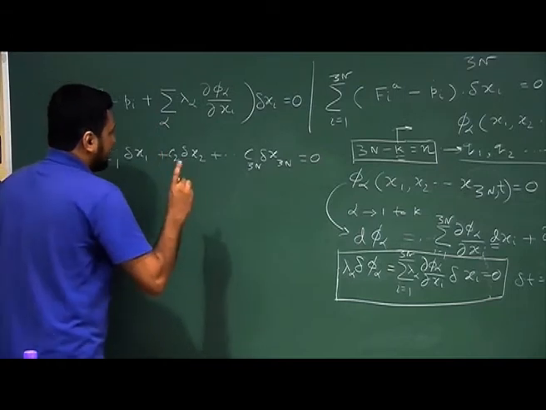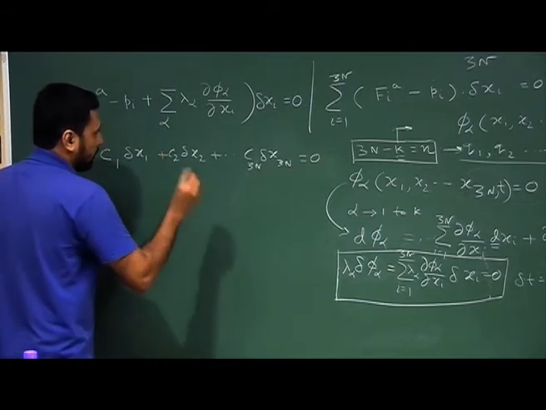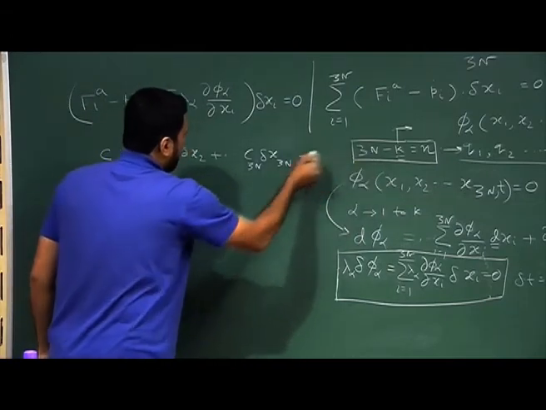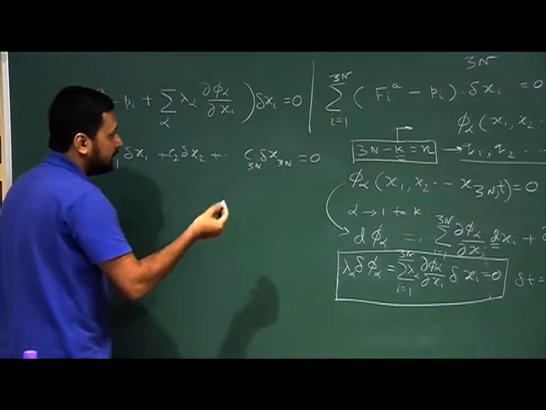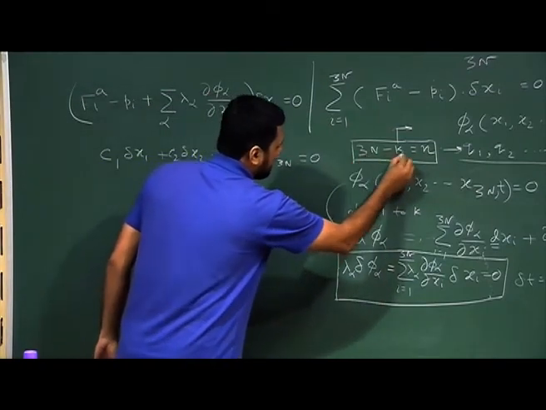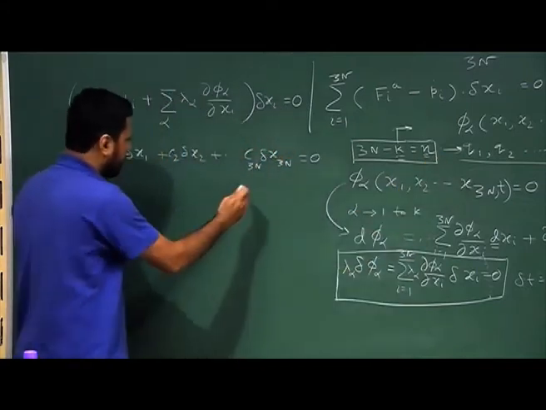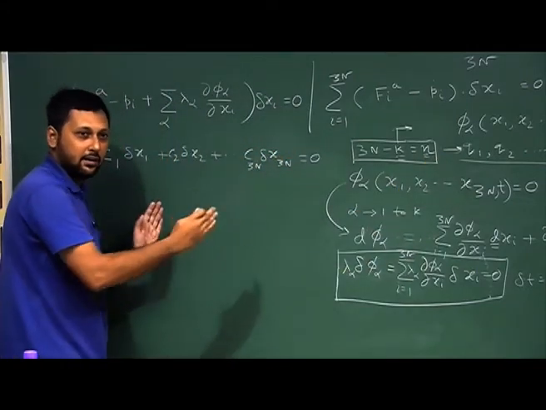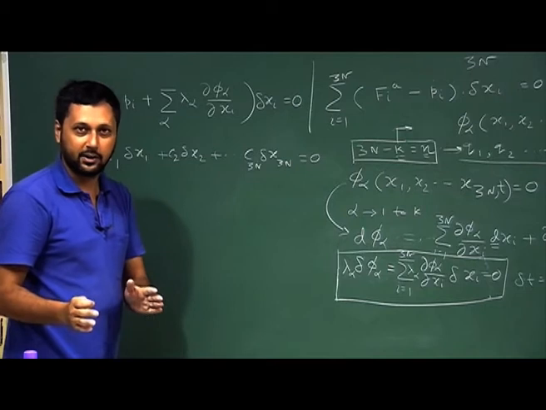So, if we do that such that k number of coefficients automatically vanish, then we are left with 3n minus k, equal to n, number of coefficients, which are exactly the same as the number of independent parameters.